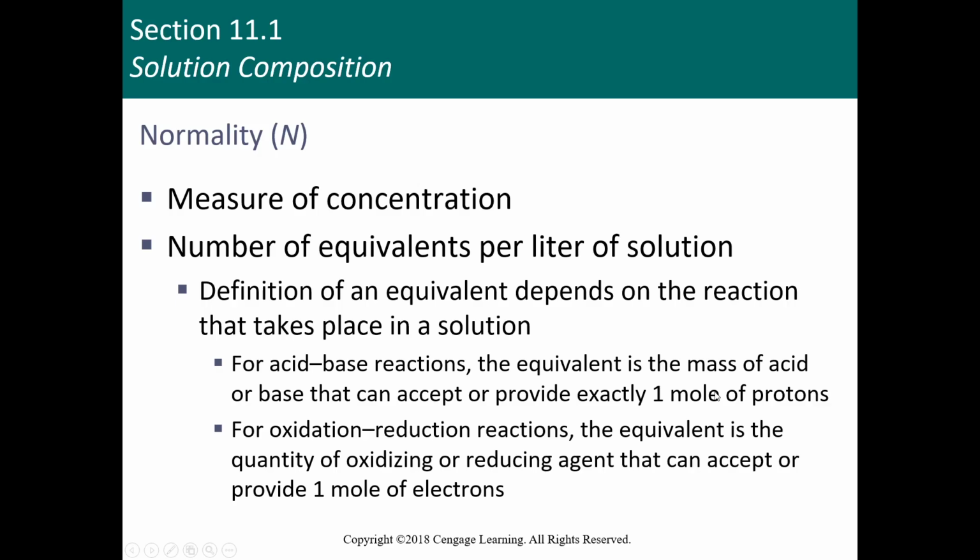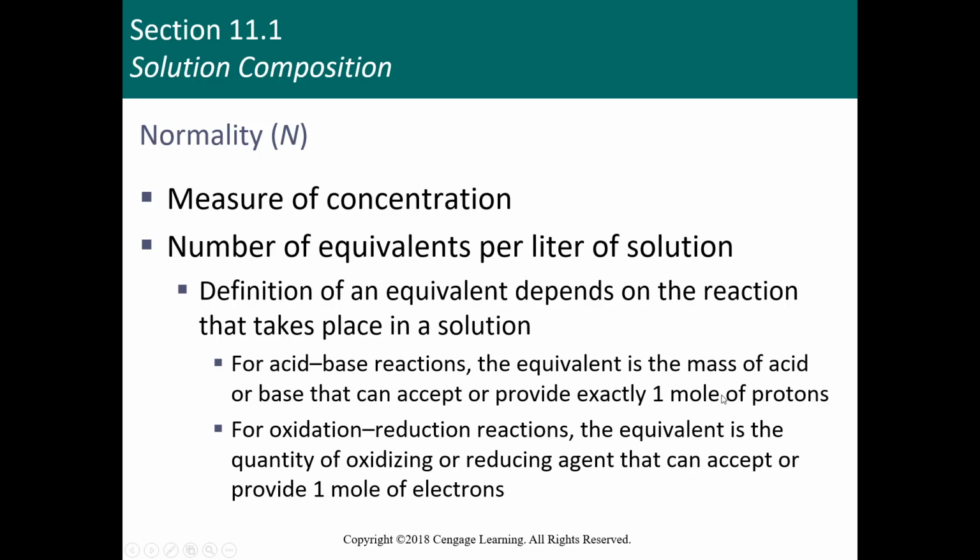And so what you're talking about when you talk about normality or equivalents in acid-base reactions is that each equivalent will be 1 mole of protons. So a monoprotic acid, which has 1 H plus coming off of each of the acid molecules, for example HCl, that would be a 1-to-1 ratio.